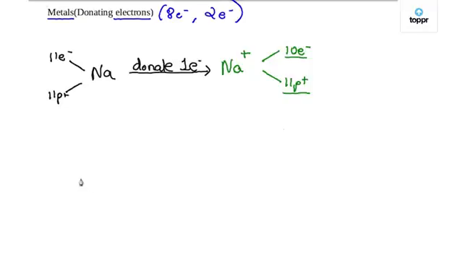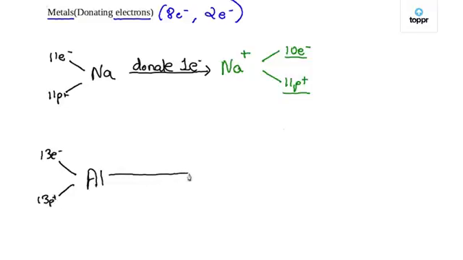Let us take one more example. Suppose aluminium. Aluminium is a metal represented by the symbol Al. Initially, aluminium is made up of atoms having 13 electrons and 13 protons in them. But to be stable, aluminium reacts and donates electrons. But how many electrons?